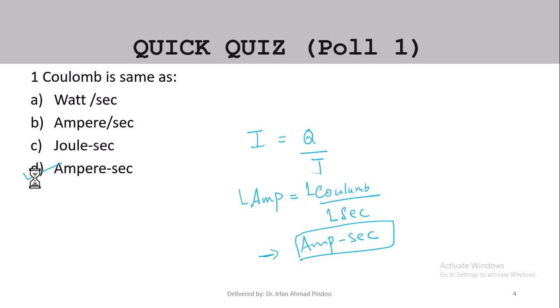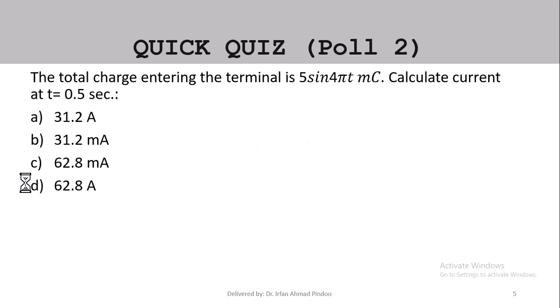So you should know the SI units of all the basic quantities or the basic definitions that we are studying. Similarly, you can try this simple question. The total charge is provided. It is given as 5 sine 4 pi t millicoulomb, and we are expected to find the current value at t equal to 0.5.